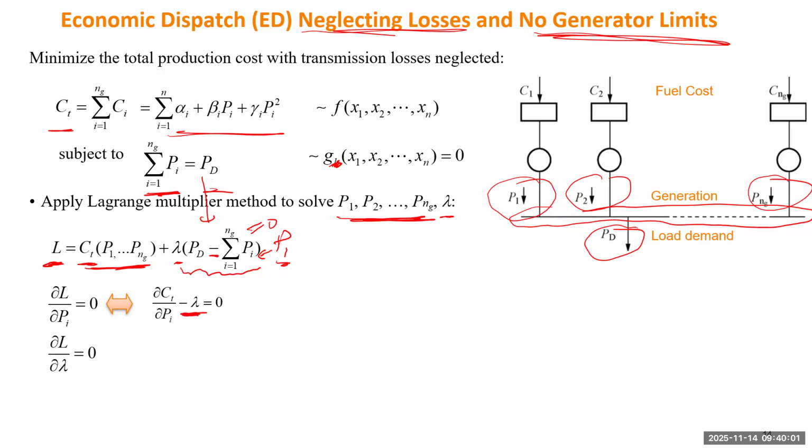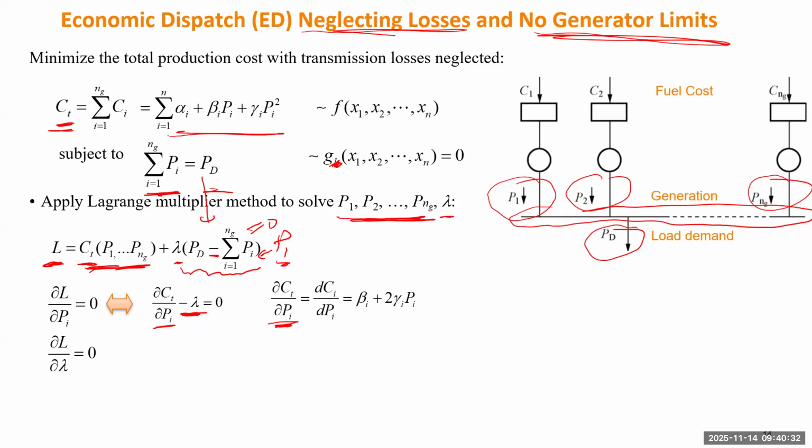So that's why the second part becomes just -1. And the first part is basically just still the partial of the original cost function, partial Pi. Is this clear? Good.